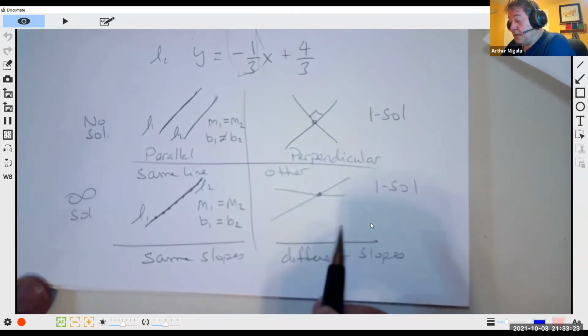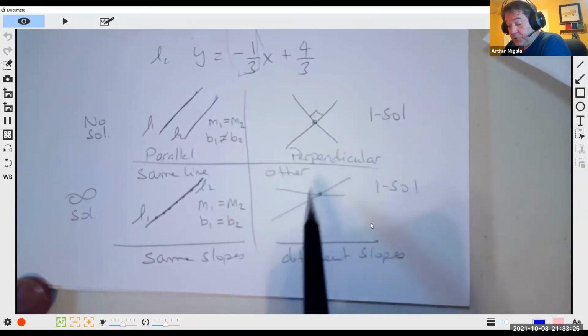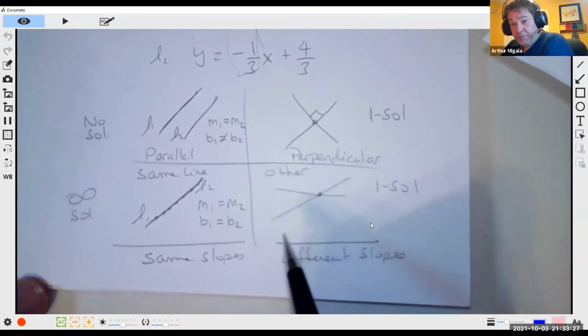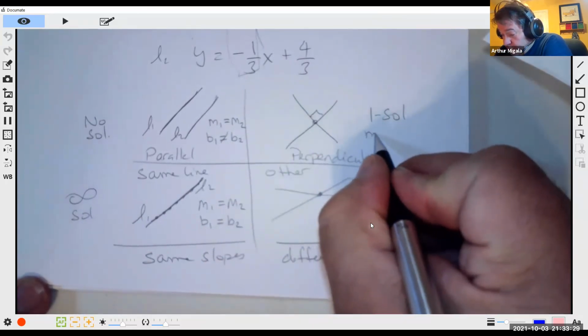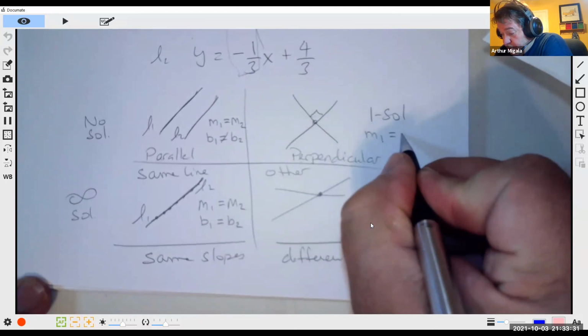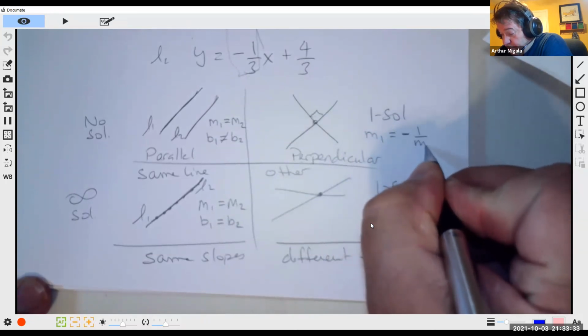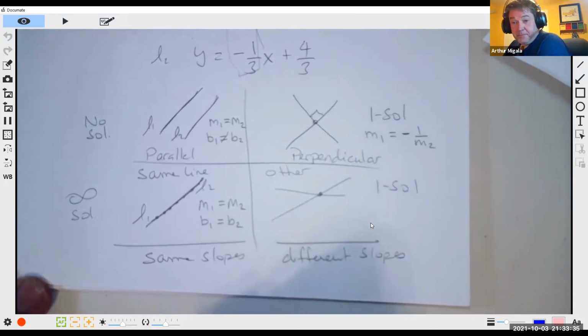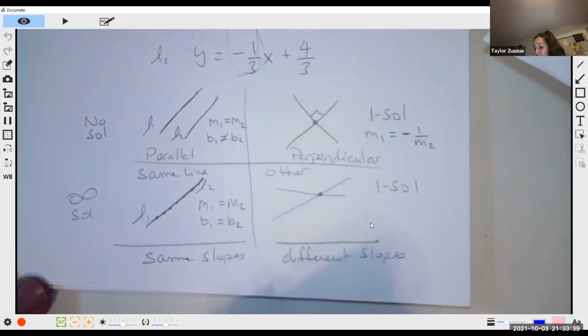Now, the only difference between these two is if they're perpendicular. If they're perpendicular, the slopes are negative reciprocals of each other.